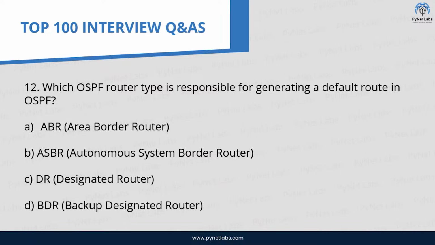Here, the options are area border router (ABR), ASBR, designated router and backup designated router. So which router is responsible for generating a default route in OSPF?